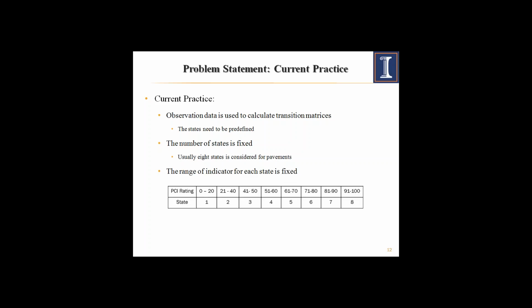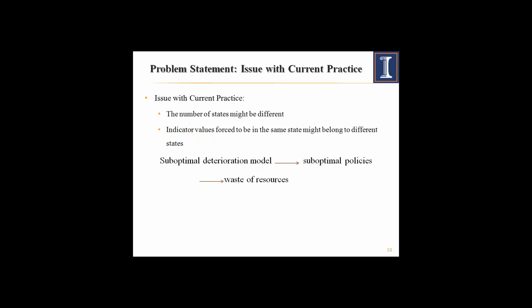So this is what we want to find. We basically want to not fix the number of states and not fix the range of PCIs in each state, because the deterioration model that you fix and predetermine may be a suboptimal deterioration model, which would lead to suboptimal policies and then waste of resources.